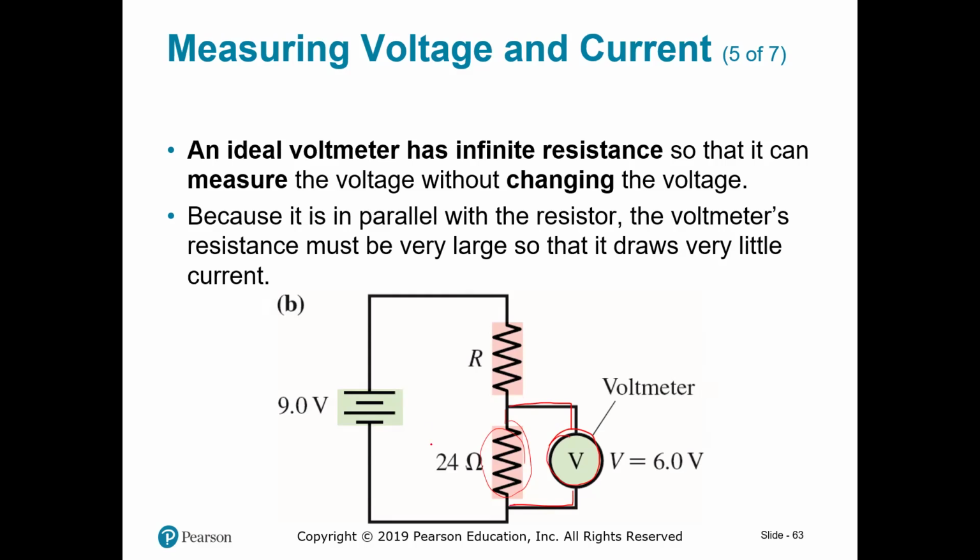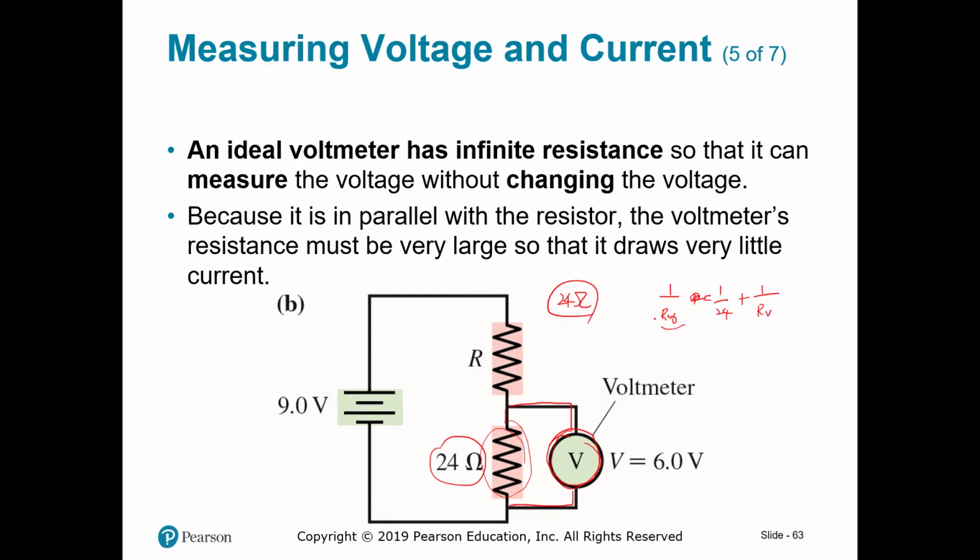What it means here is the initial resistance was 24 ohm. But because you connect your voltmeter in parallel, the Req, which is the combination of this 24 and the voltmeter, is going to be 1 over Req equals 1 over 24 plus 1 over the resistance of the voltmeter.